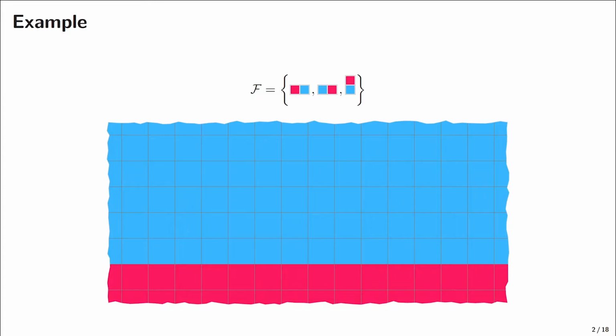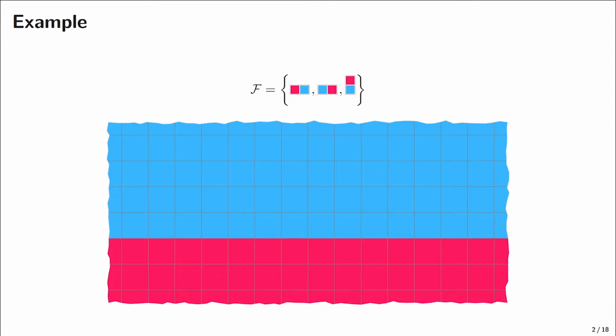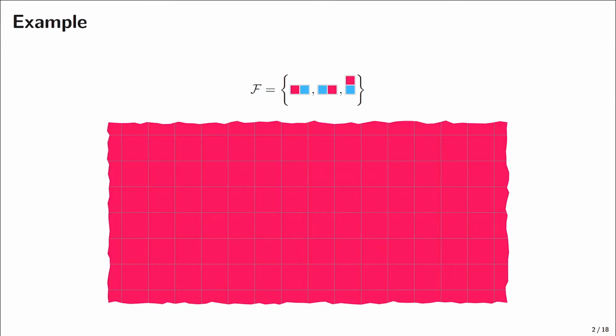For example, you can translate it by a single line, as I just did. Or you can translate it infinitely and get full red, or translate it infinitely below and obtain blue. You can have both. So all of these are still valid colorings of the plane for this family of forbidden patterns here.